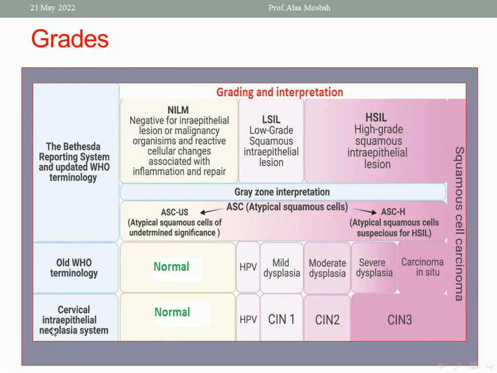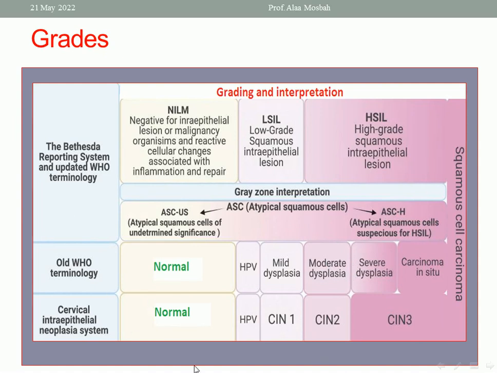While the cervical intraepithelial neoplasia system divides into normal, human papillomavirus infection, CIN1, CIN2, CIN3. CIN1 relates to mild dysplasia, CIN2 moderate dysplasia, CIN3 severe dysplasia.